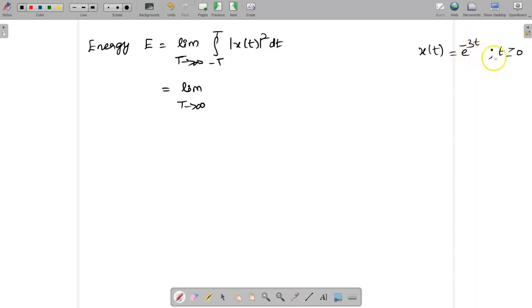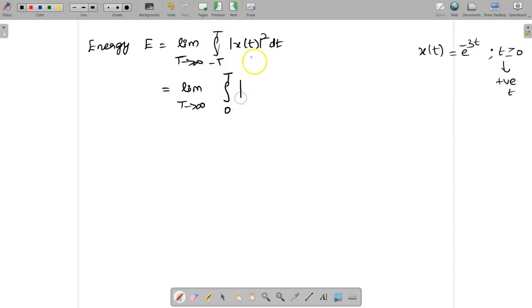Since this value exists only for positive values of t, instead of writing the integration from minus T to T, I have only from 0 to T. Why? Because x of t exists only for t greater than or equal to 0. For negative values of t, the value is 0. So minus T to T will be changed to 0 to T.